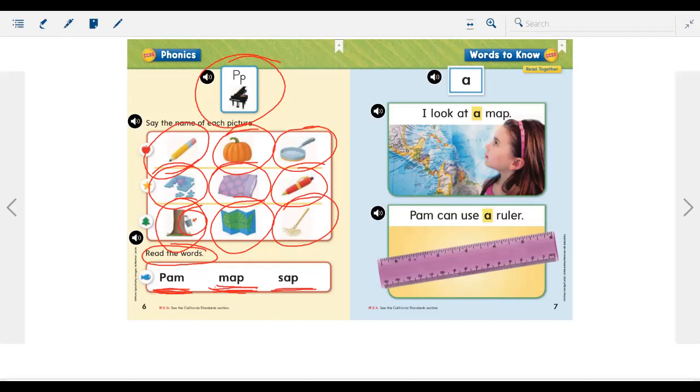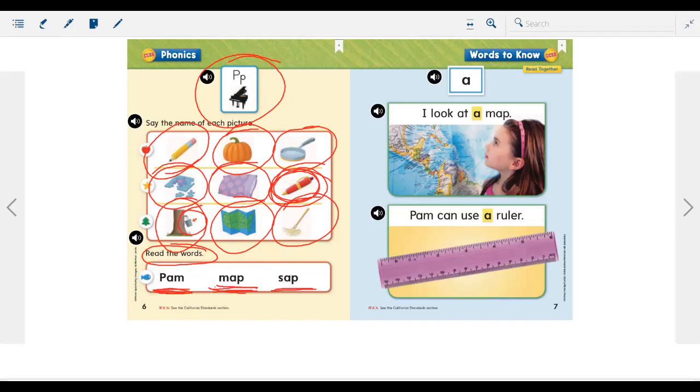So say P, pet, P, pet, P, pan. Repeat after me. P, pan, P, pen. Here's a pen. P, pen, P, paint, paint.